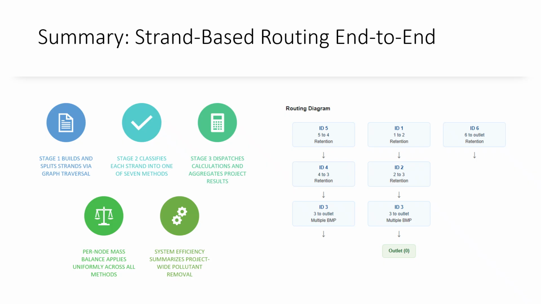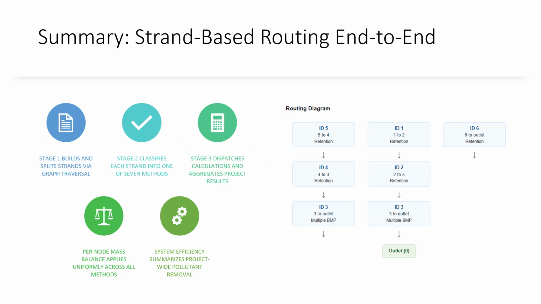Stage 1 traverses the directed graph using the getAllRoutingChains function, detects where flow paths converge, and splits any shared segments into separate strands. Upstream load injection is handled here, ensuring that each strand enters the next stage with the correct incoming load values. Stage 2 is entirely about classification.